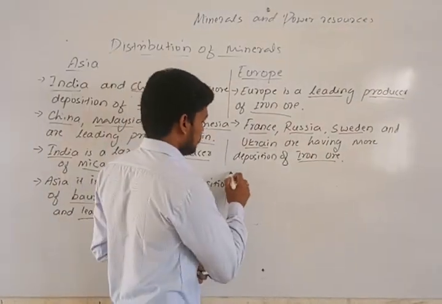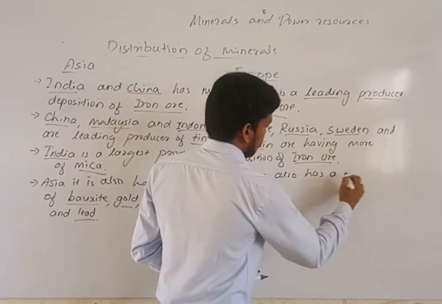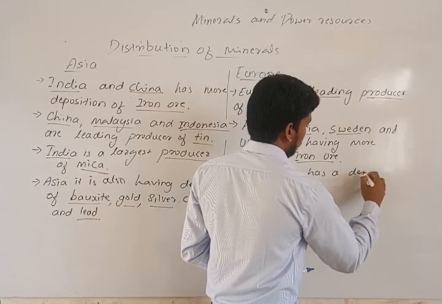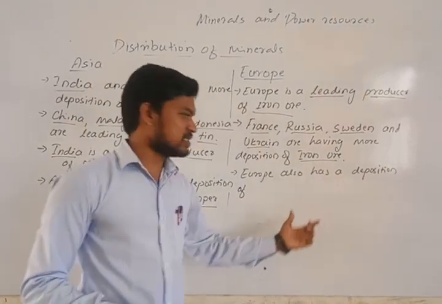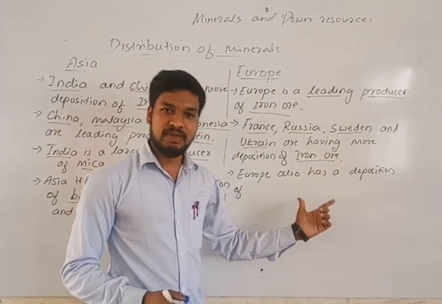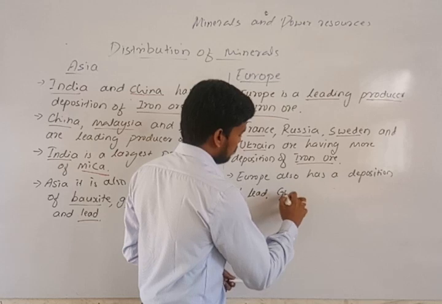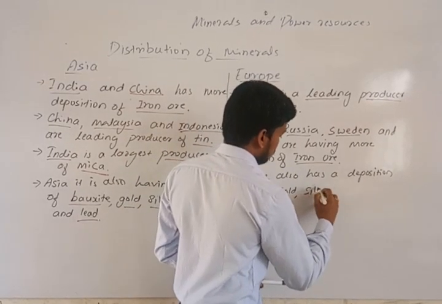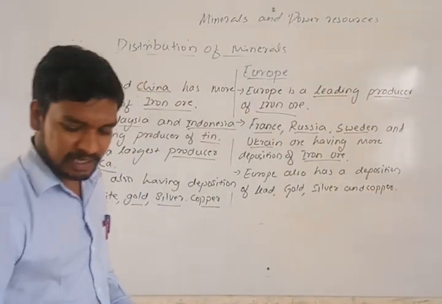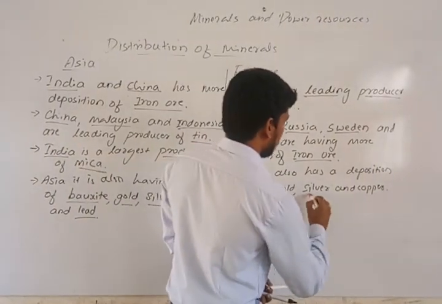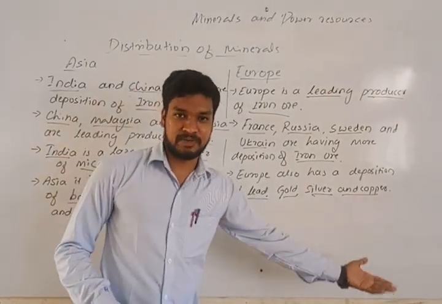Not only iron ore, Europe also has deposition of other important minerals like lead, gold, silver and copper. These are the other important minerals found in Europe. They have deposition and they are also the producers.